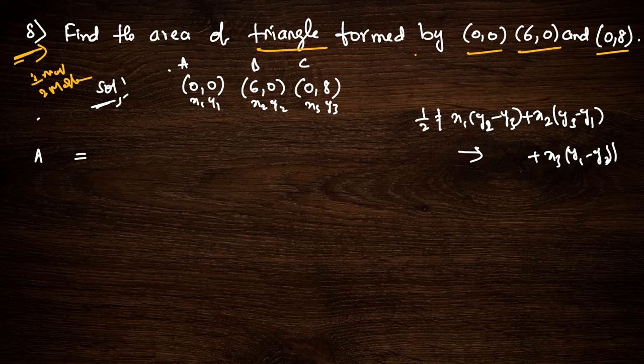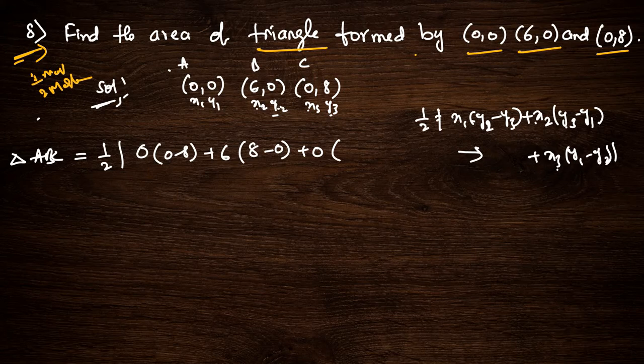So here triangle ABC is equal to half into mod of how much? x1. So x1 is equal to 0 into y2 minus y3, so 0 minus 8, plus x2, 6 into y3 minus y1, so y3 is 8 minus y1 is equal to 0, plus x3, 0 into y1 minus y2, so 0 minus 0.